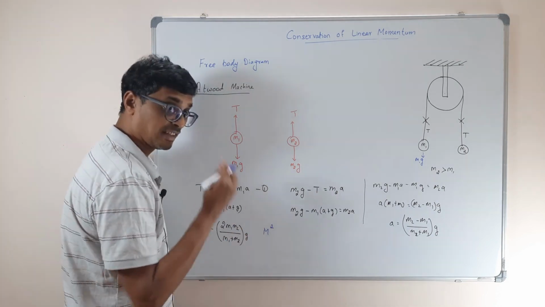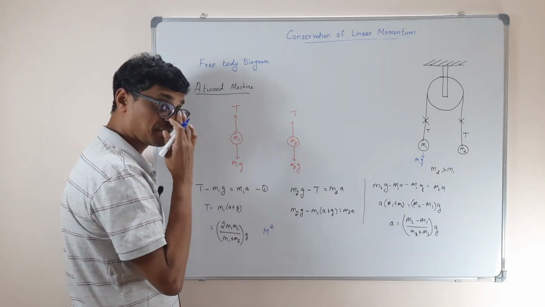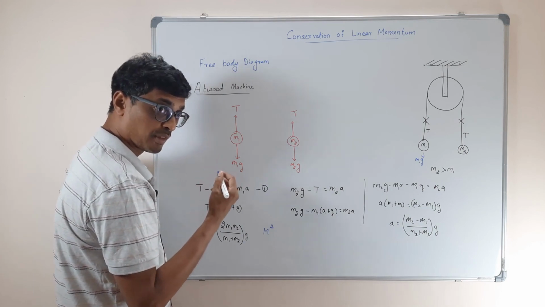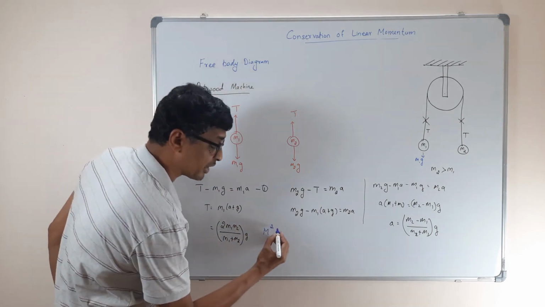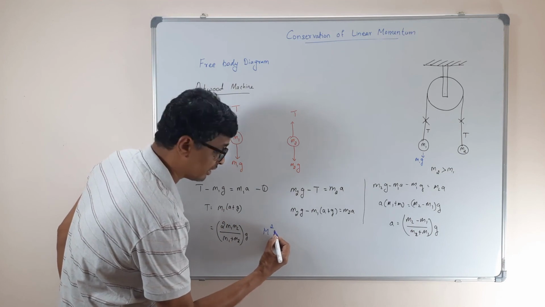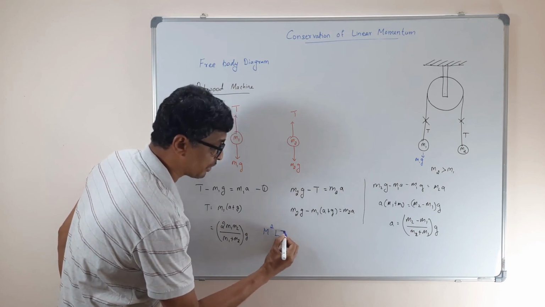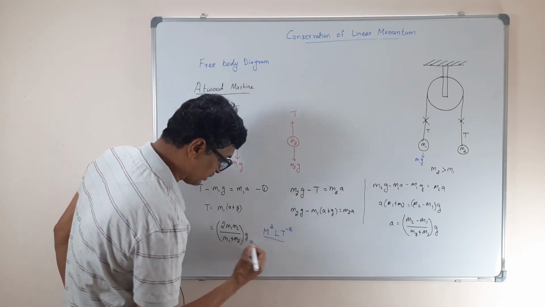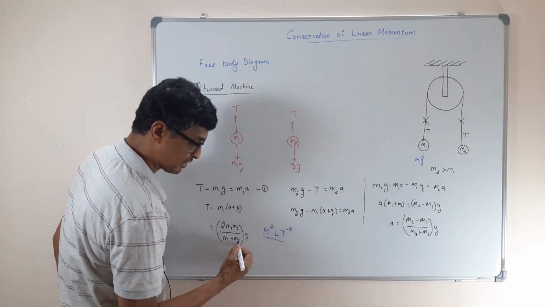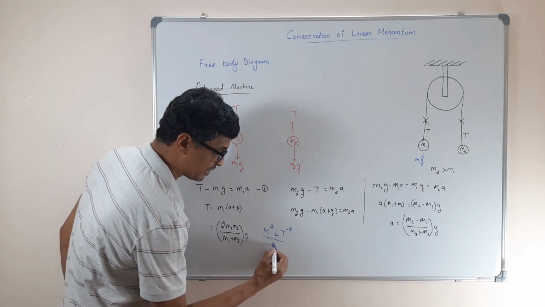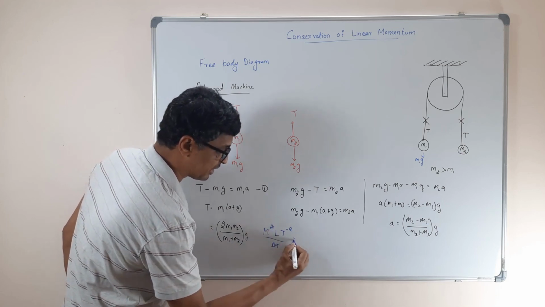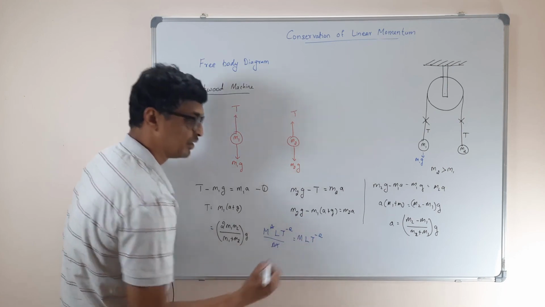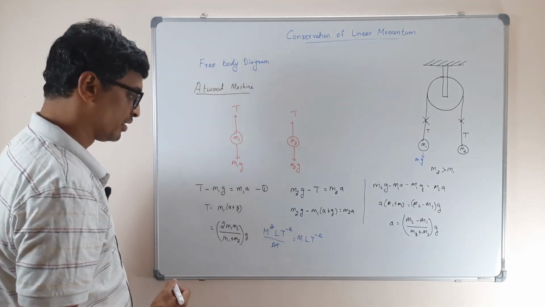And the acceleration due to gravity, what is it? Acceleration, meter per second square, L t power minus 2. And then divided by mass, m. So this makes it m L t minus 2.